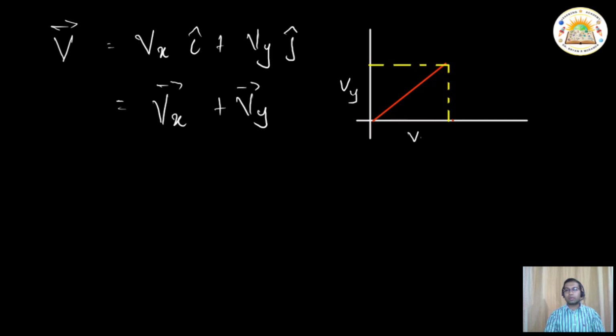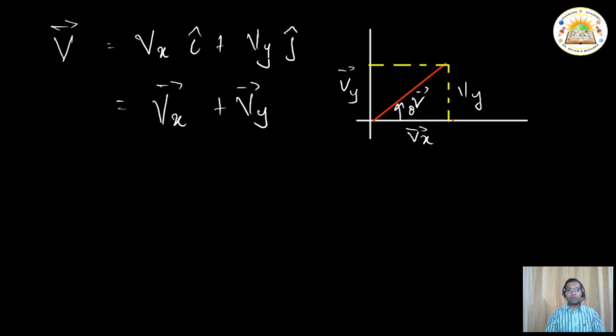Vy, Vx. And we have seen Vx vector is nothing but Vx i cap, Vy vector is Vy j cap. So let us go ahead and find the angle. Now this is the angle theta, and this is going to be Vy.